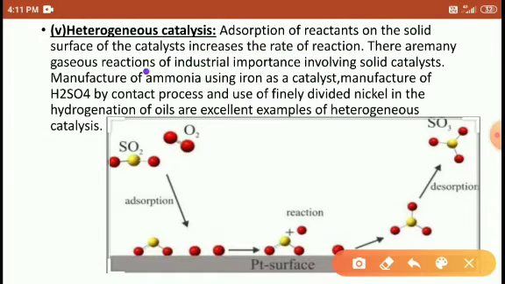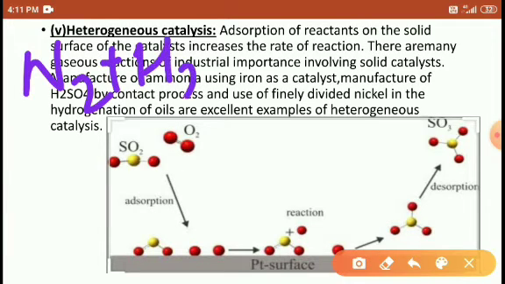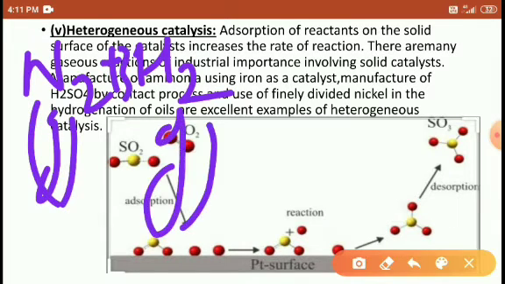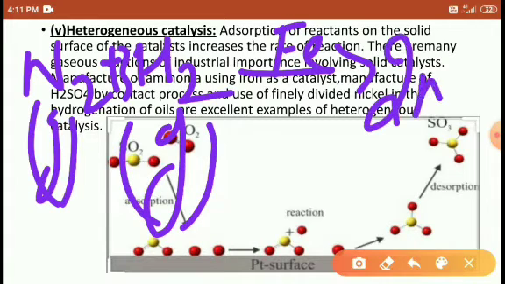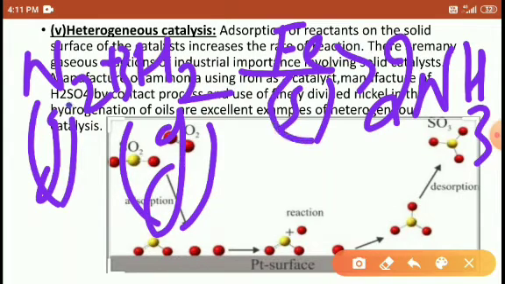There are many gaseous reactions of industrial importance involving solid catalysts. For example, nitrogen in gaseous state and hydrogen also gaseous, in which we use the iron catalyst, giving 2NH3. So iron is a solid substance, so gaseous reactants but solid catalyst. So this is heterogeneous catalysis.